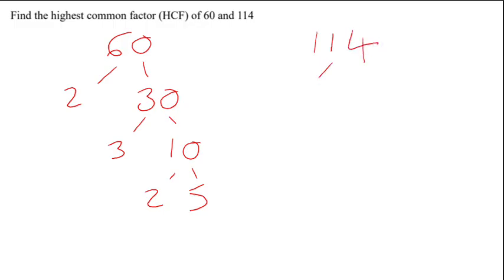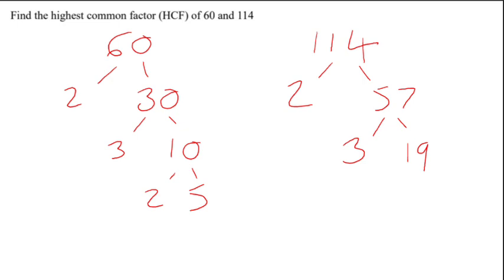So I divide it by 2, which gives me 57. I know 57 is in the 3 times tables because I know that 3 times 20 is 60, and it's just 3 off, one lot of 3. So 3 times 19 gives me 57.